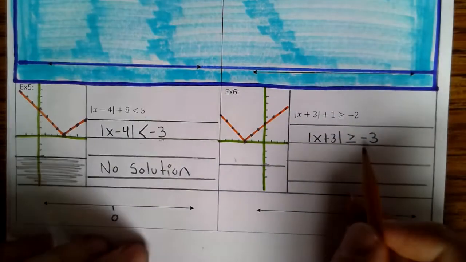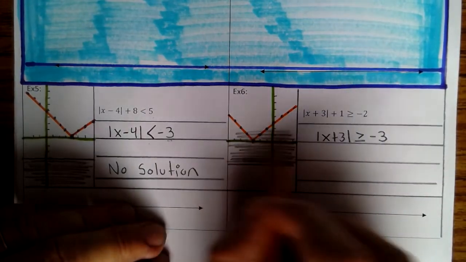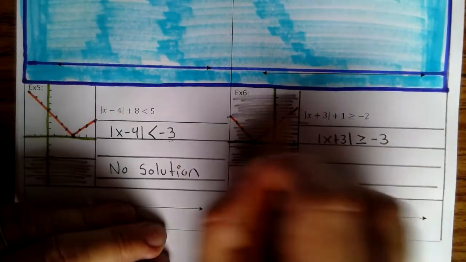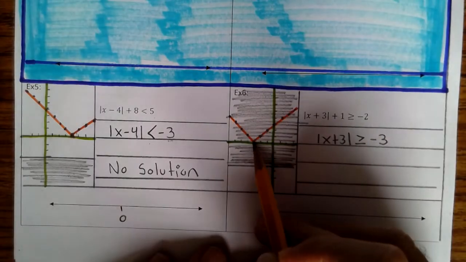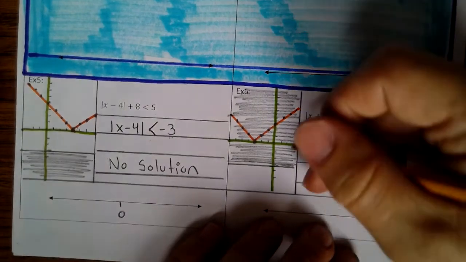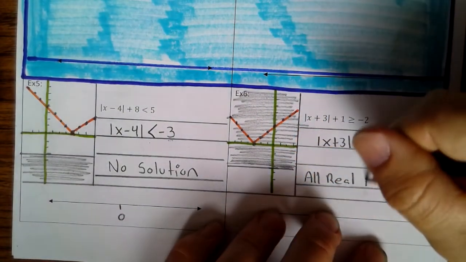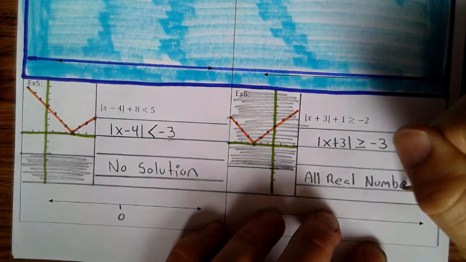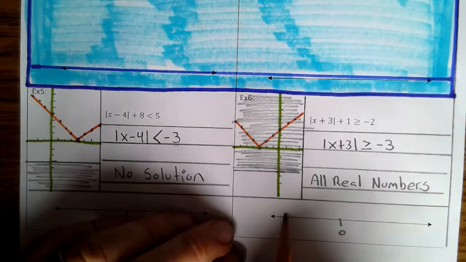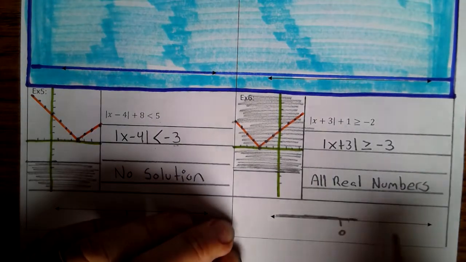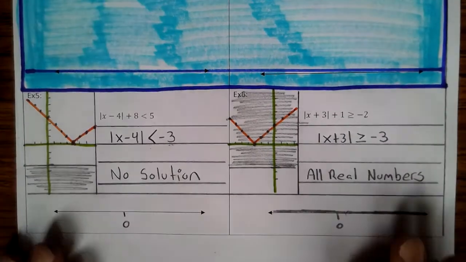Now, this says it's greater than or equal to negative 3, so we shade everything above negative 3. Now, you can see that every part of the function is shaded, so we would say that this is all real numbers. Now, what that looks like on the number line solution is the number line shaded. Every number is a solution.